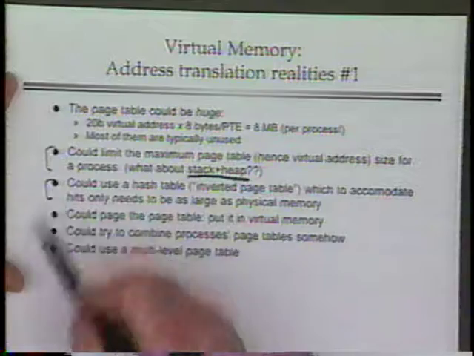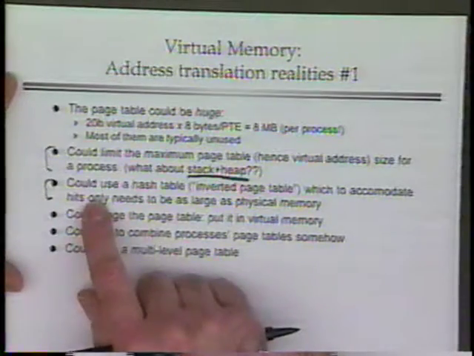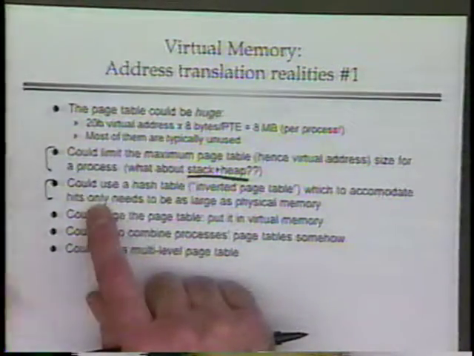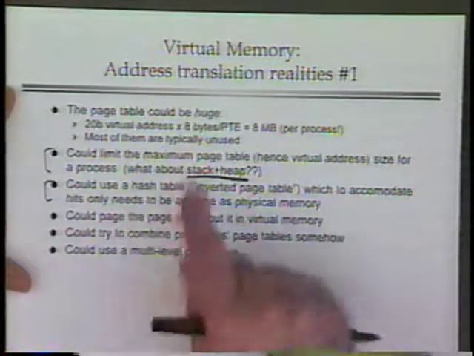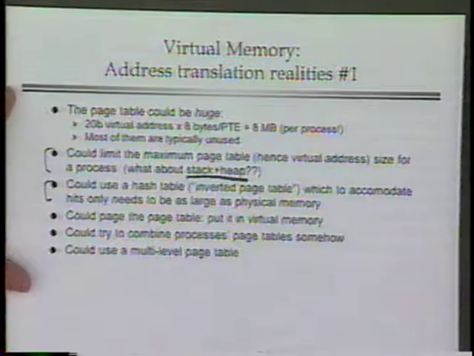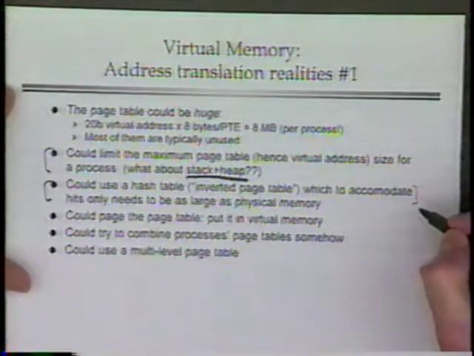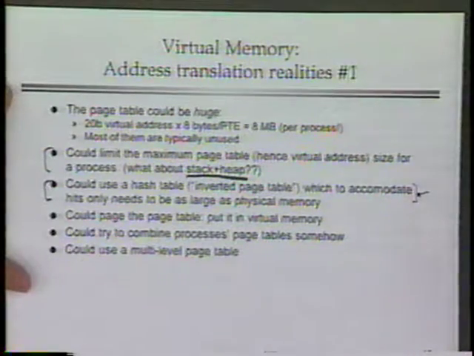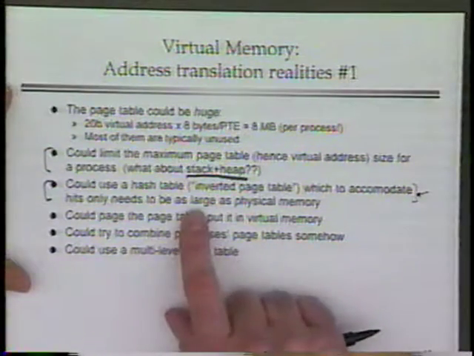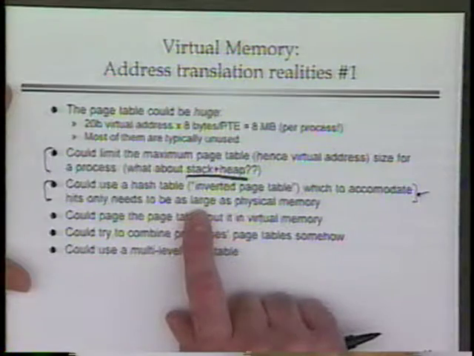One way is that you could give up on this idea of indexing into the page table, and you could use more software kind of techniques and in fact use a hash table to do multiple probes into the page table. This is more like an associative cache in the old style that we talked about, where you do multiple comparisons to see whether or not the page table describes the entry that you want.